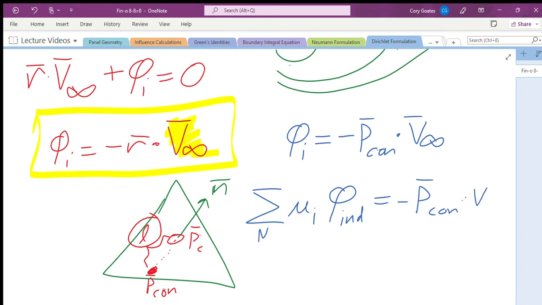Okay, so this should look familiar. This is kind of similar to what we did with the Neumann formulation, but just a little bit different.